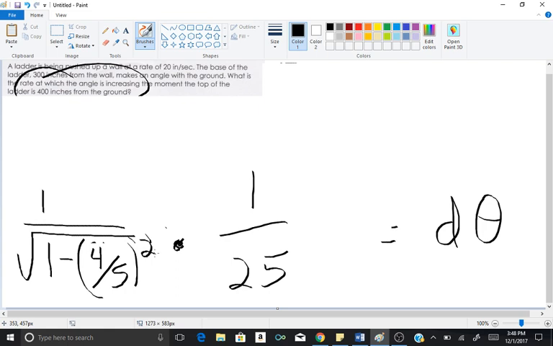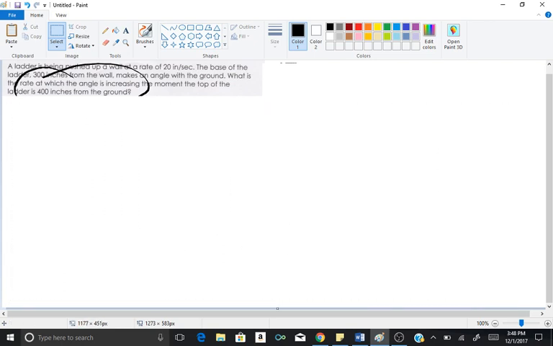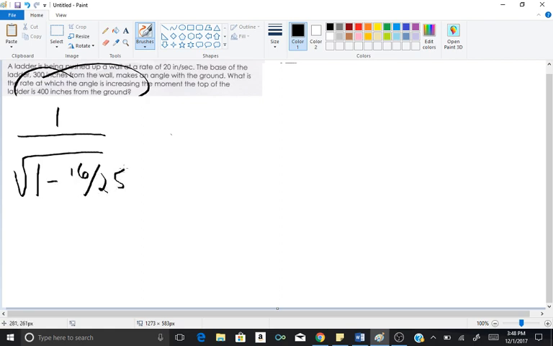I'm going to take this off so that my last section here, I can make it nice and big. So continuing to simplify, 1 over the square root of 1 minus 4/5 squared: 4 squared over 5 squared is 16 over 25, times 1 over 25 equals d theta.